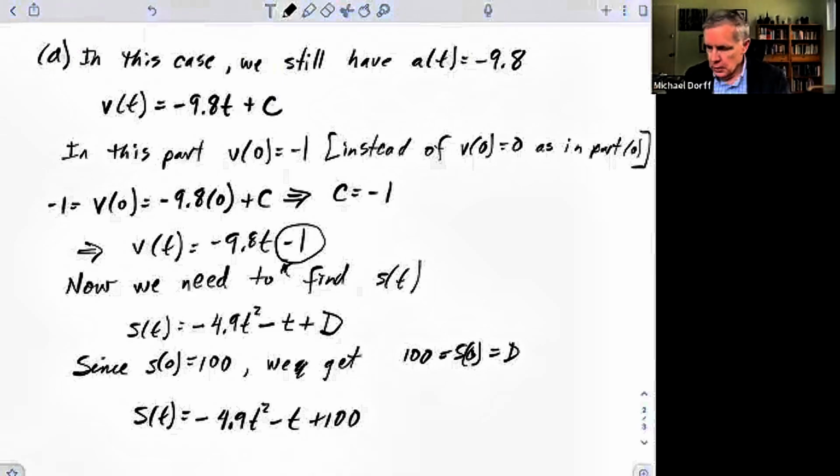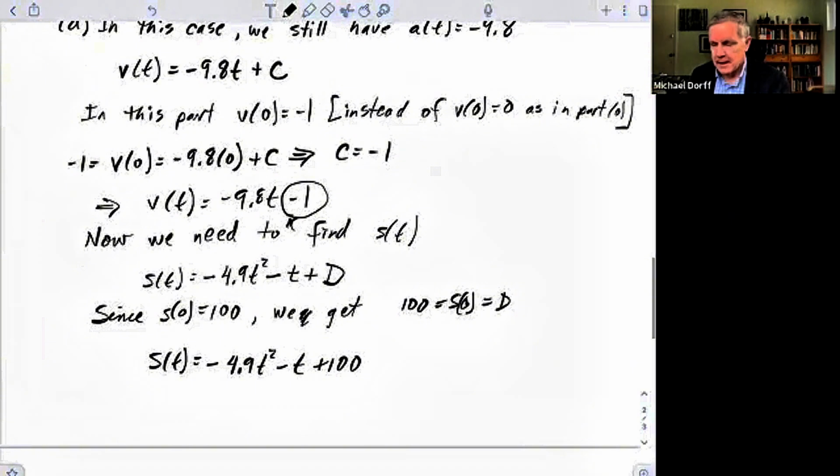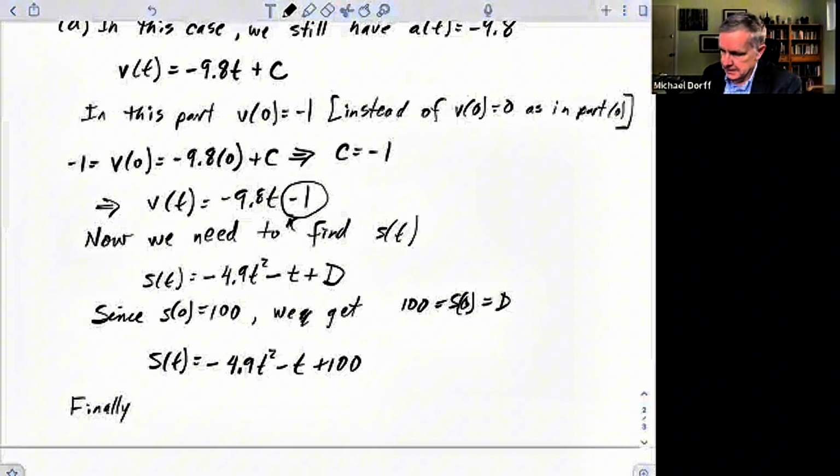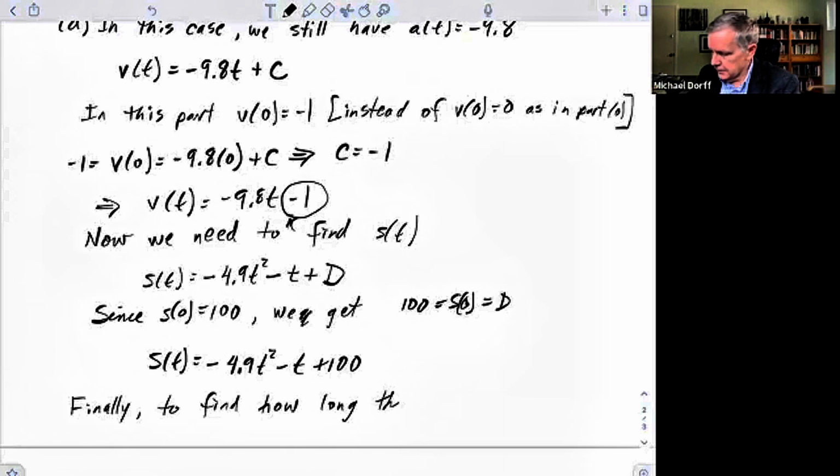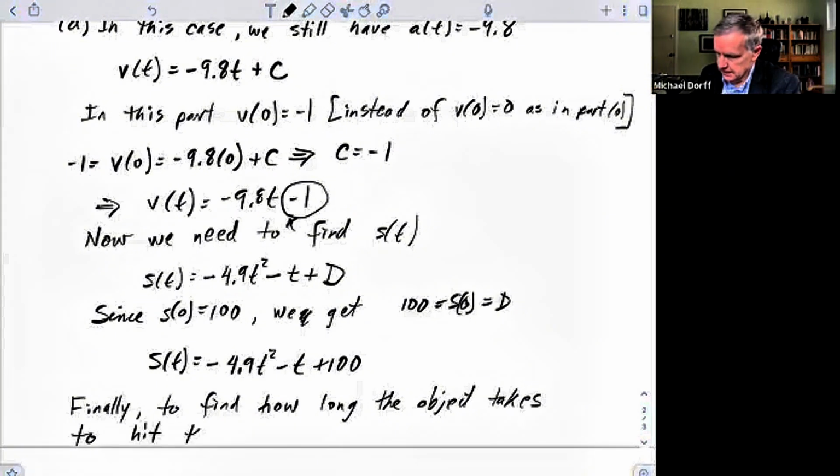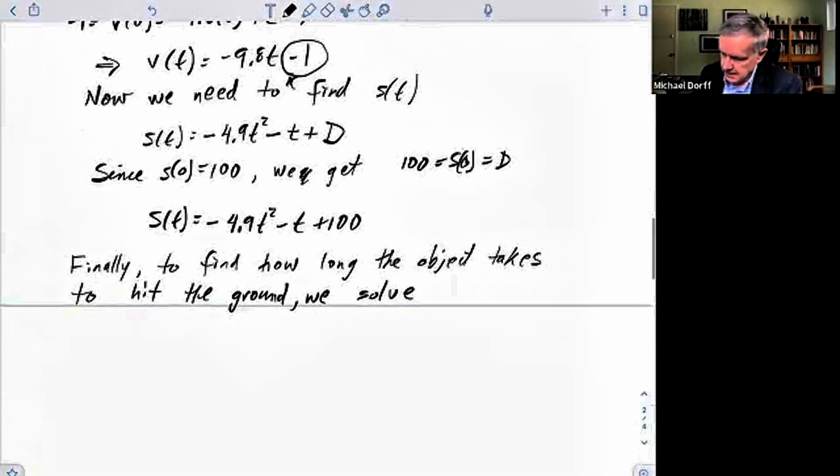Now, are we done? Well, no, because the question said finally to find how long the object takes to hit the ground. So the last step, to find how long the object takes to hit the ground, we solve s of t equaling 0.